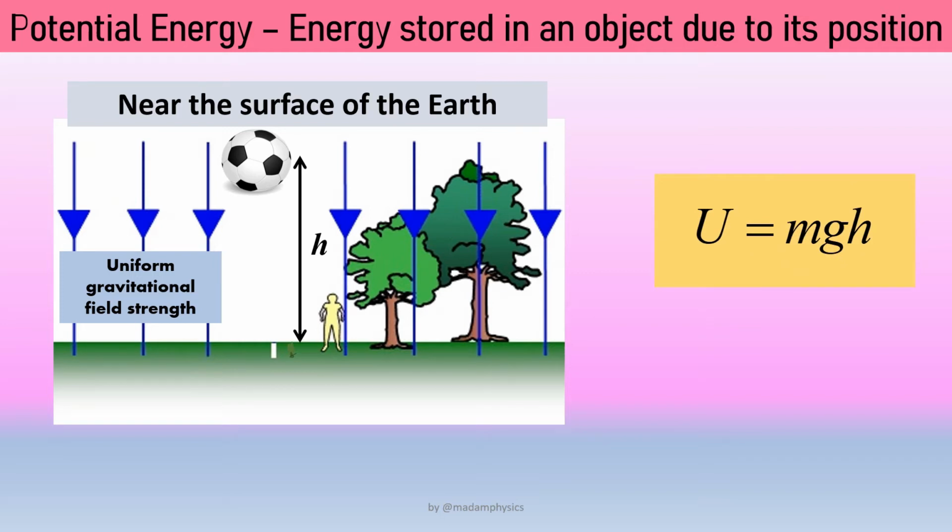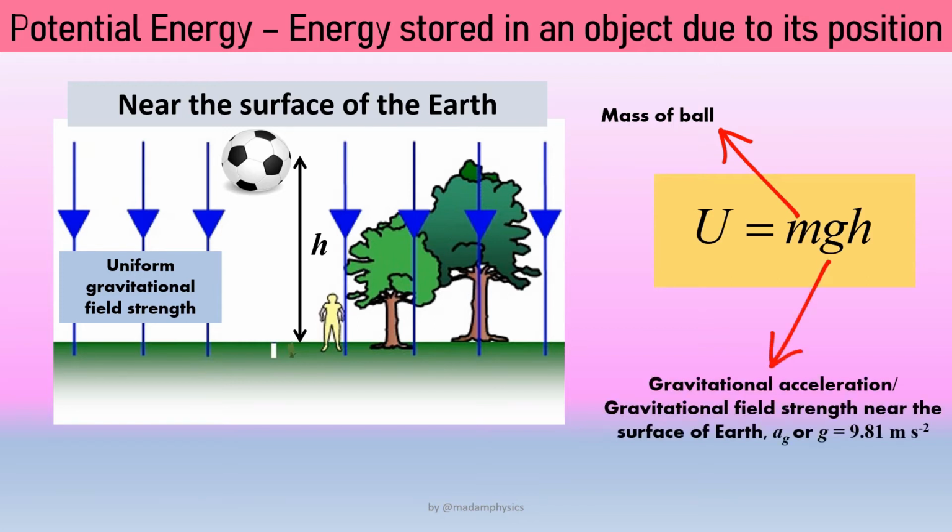U is the symbol of this potential energy and m is the mass of the ball or any object. g is gravitational acceleration, also known as gravitational field strength, that is constant near the surface of the Earth, which is 9.81 meter per second squared, and h represents the height or position of the ball.